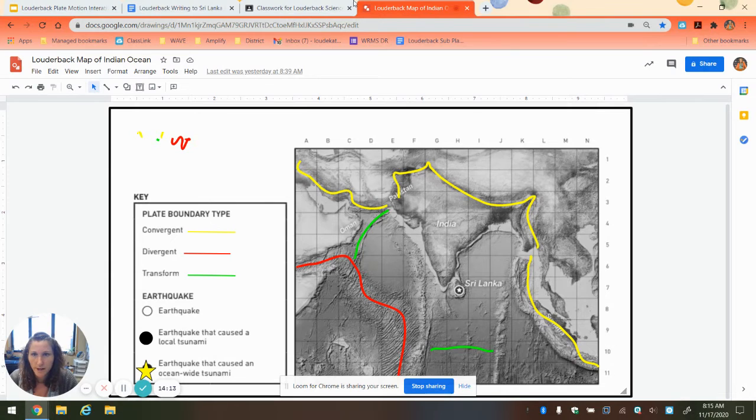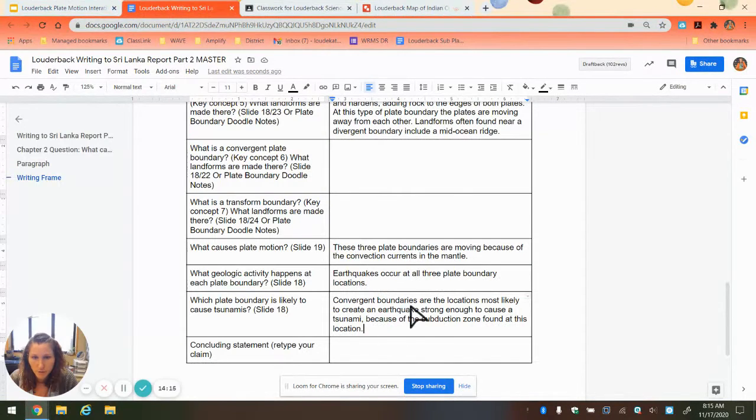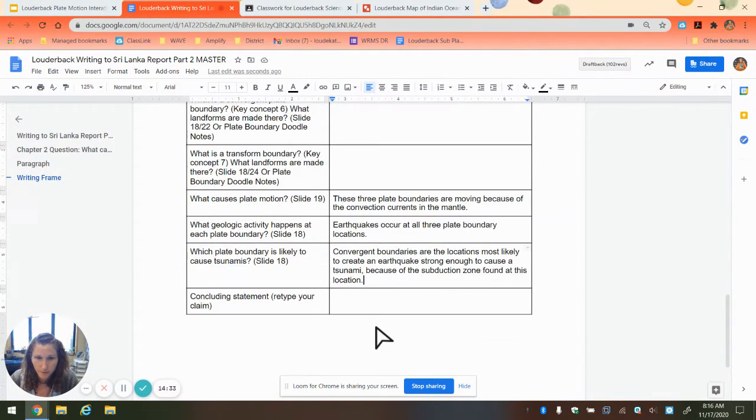We've also talked about it in class. So it's the convergent boundary here that will be where earthquakes strong enough, we're talking like a 7 magnitude or higher, to cause a tsunami, which is our ultimate goal, to explain to the people of Sri Lanka these geologic events happening in their area and how to prevent a tsunami.